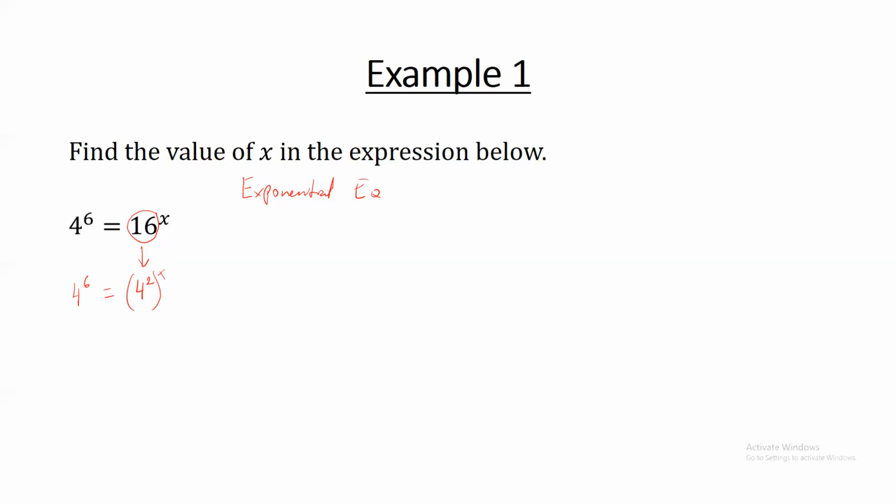And from here, we can continue. 4 to the 6th power equals, well, remember, we have to multiply these exponents. So 4 squared to the power of x is 4 to the power of 2x. And for these to be equal, 6 and 2x have to be equal, right? So 6 equals 2x. And we all know we can just divide both sides of the equation by 2. And x equals 3.